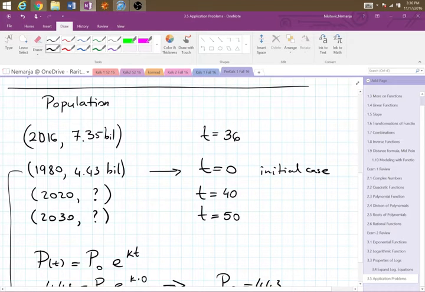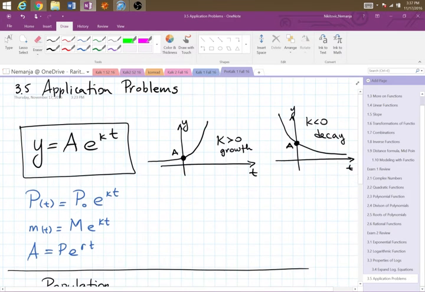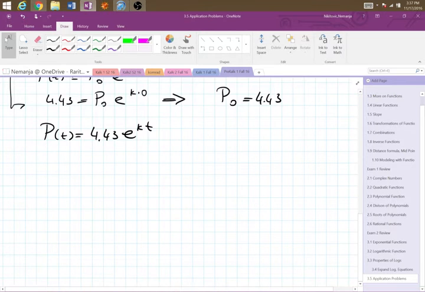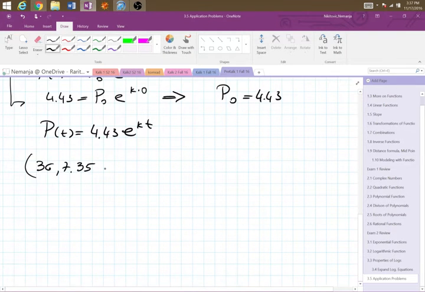So you use the initial point first to get the initial population, and then you use whatever other point is provided to you to come up with the equation for the problem. So that's 36, 7.35.